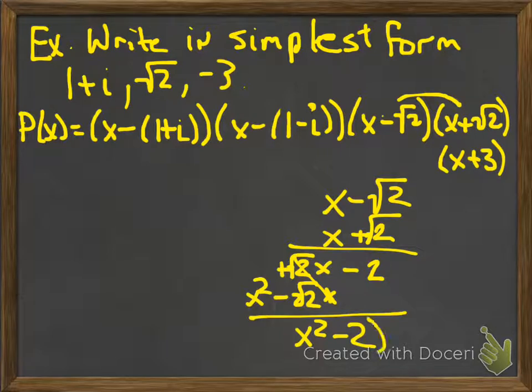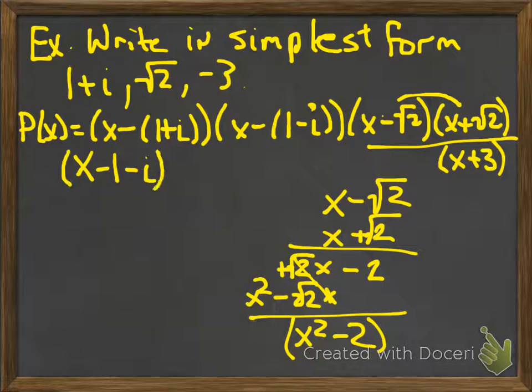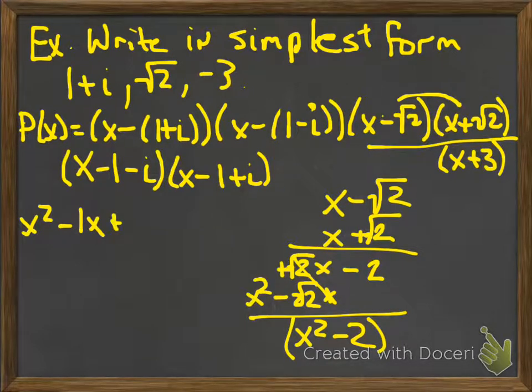Then when I do the other one, x minus parentheses 1 plus i times x minus parentheses 1 minus i, doing distributive property there, that's a little bit easier with that one. X times x is x squared. X times a negative 1 is negative 1x. X times an i is, we'll say, ix.